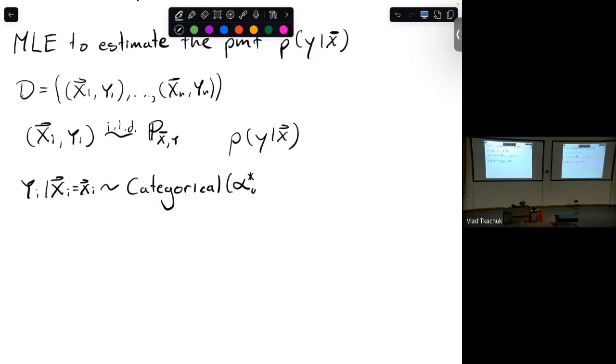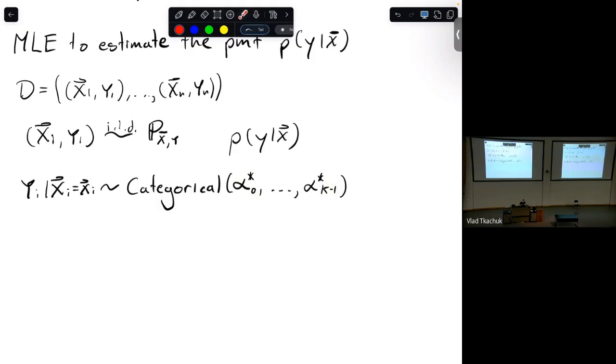So there's going to be an alpha star 0 up to alpha star k minus 1. These are going to be the probabilities of getting class 0, up to the probability of getting class k minus 1. We're going to have this property that they sum up to 1, obviously.